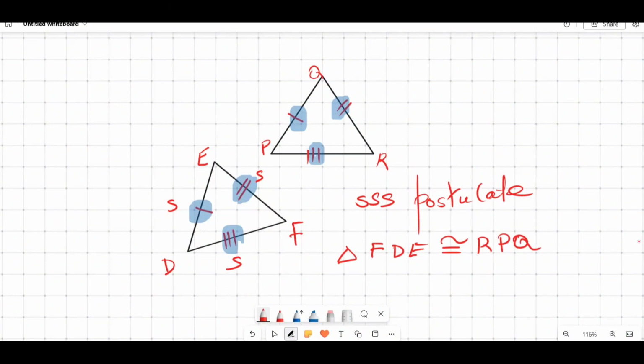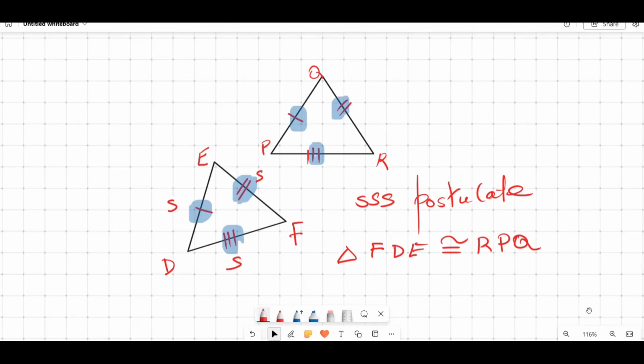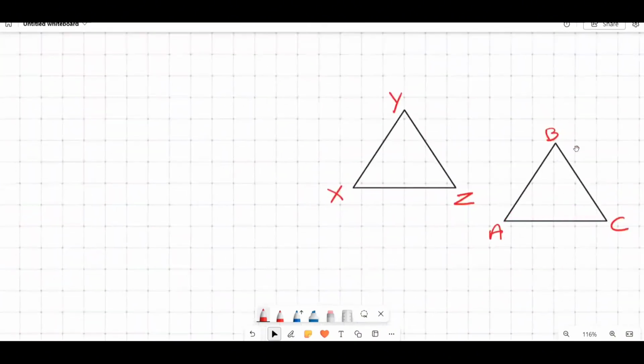So I've got a flow: if I go FDE, based on the context of these two triangles, I have to go RPQ. We have to look at the corresponding parts when we're naming them. So in this postulate, we have three sides that are actually congruent. Let's look at another one.